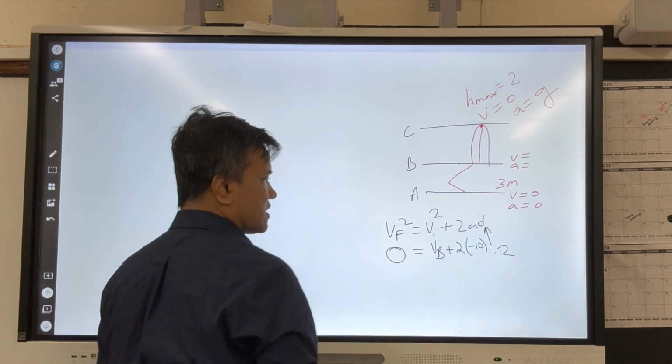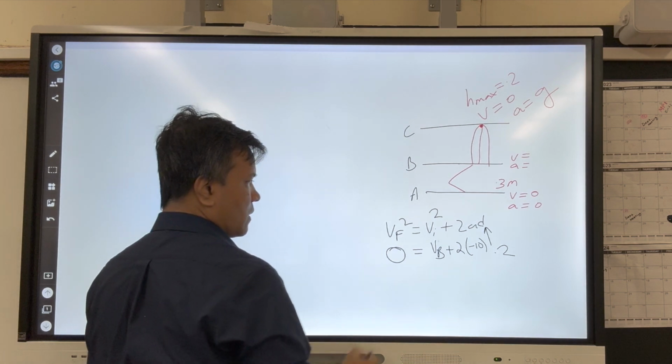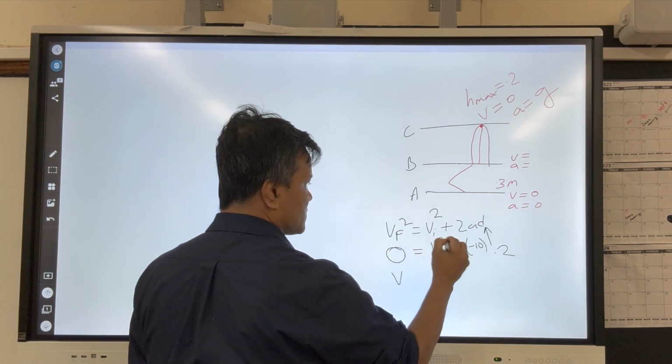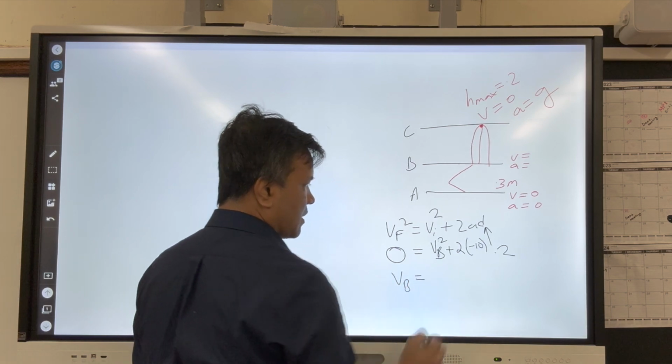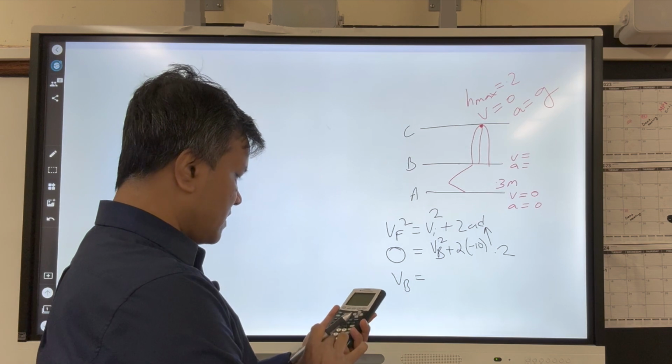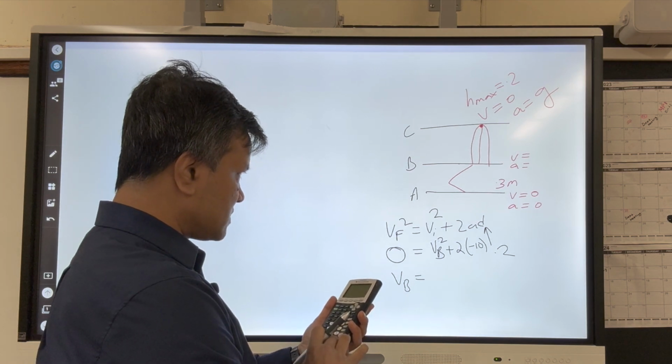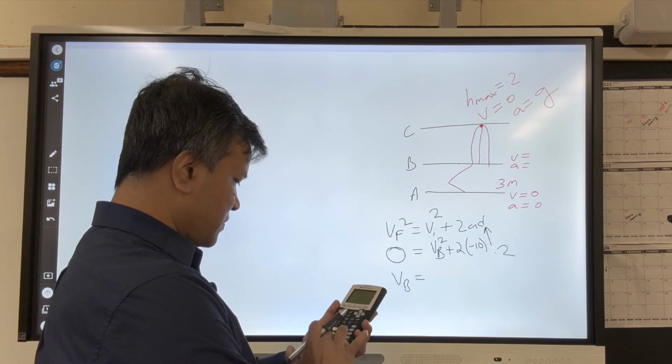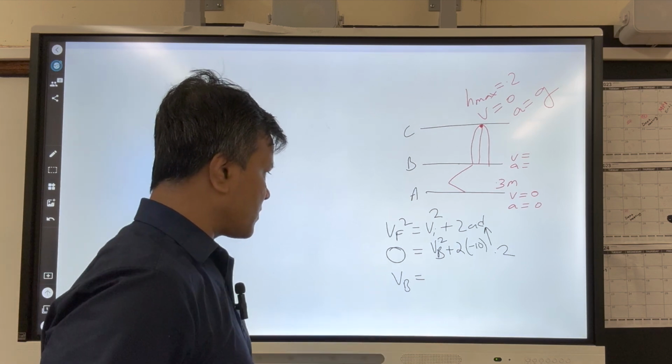So then our velocity is how much? You have 20 times 0.2, and our velocity is 2.